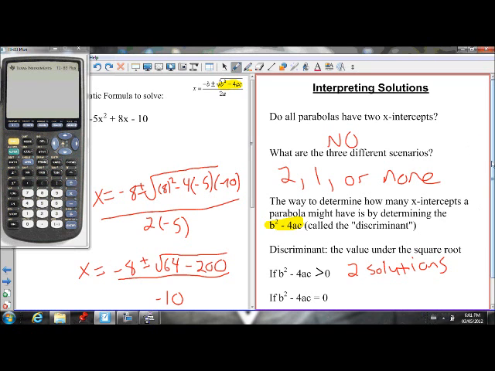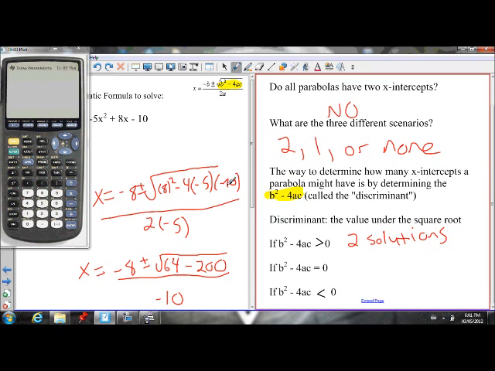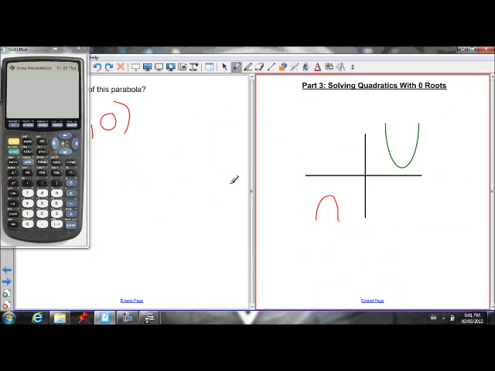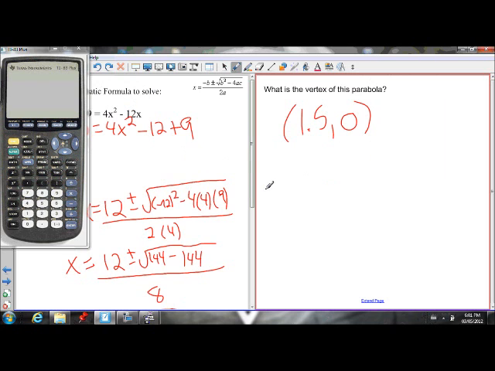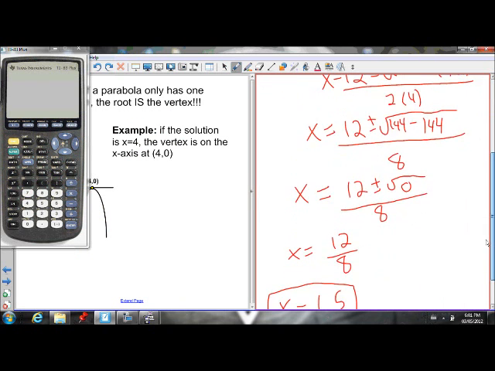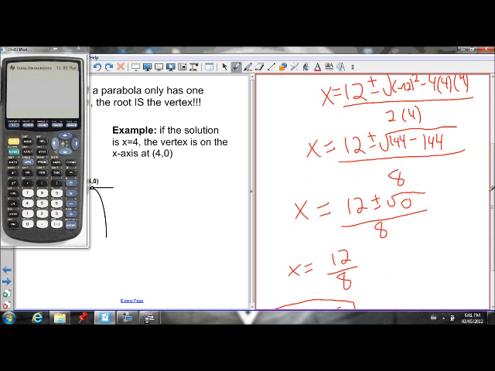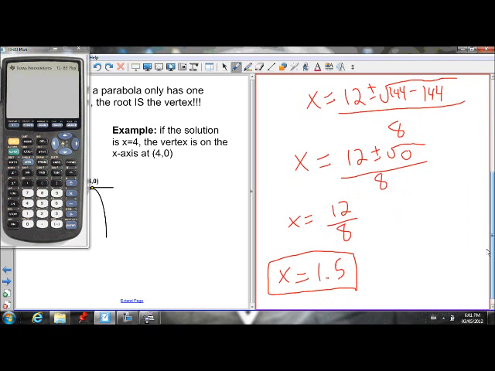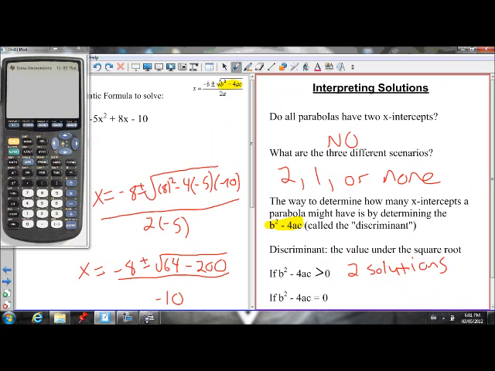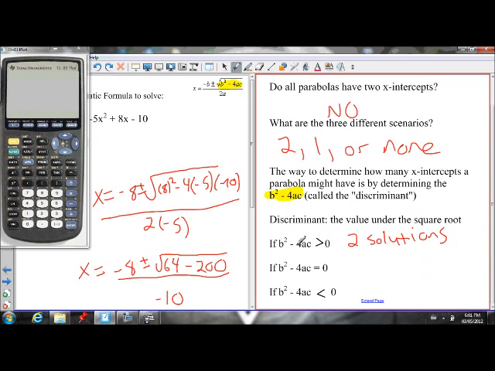If b squared minus 4ac equals 0, as in our second example, like this one here, then under the square root the b squared minus 4ac went to 0, and we only got 1 solution. So if our discriminant is 0, there's 1 solution.